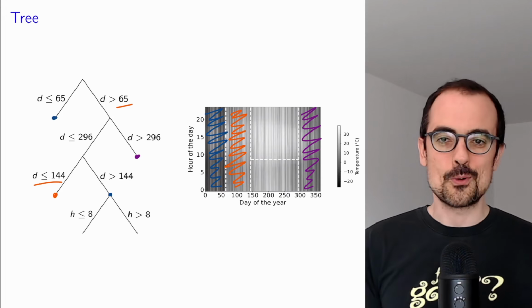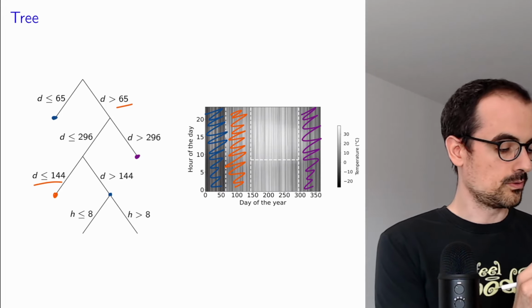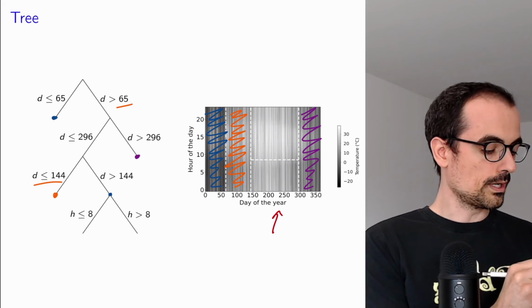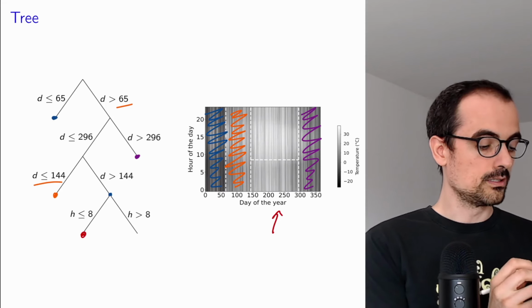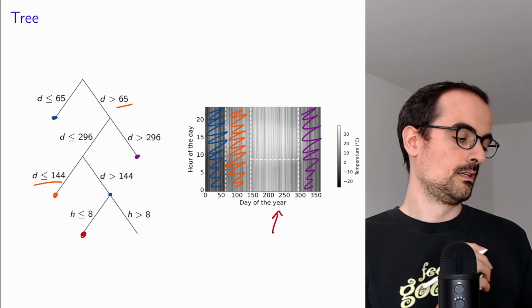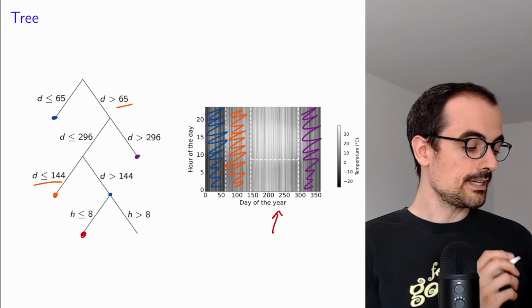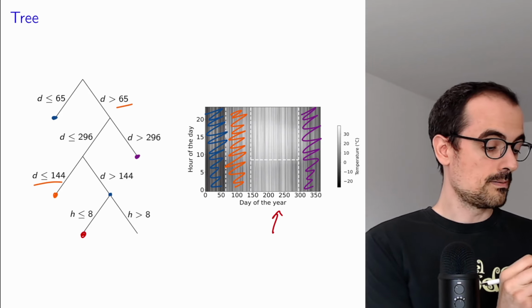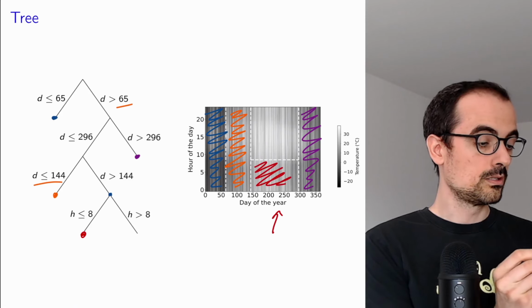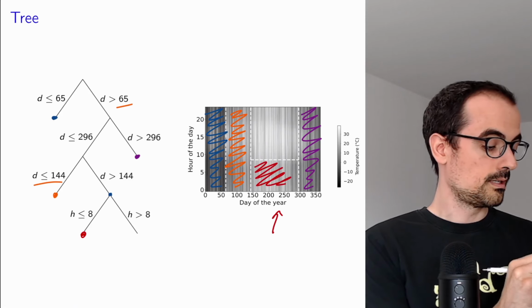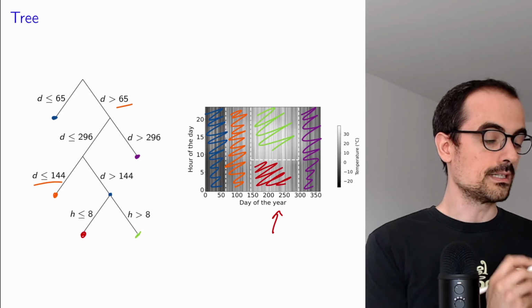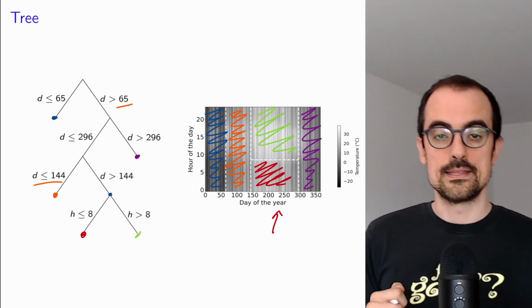Now it gets more complicated. We're just left with those two regions. One corresponds to when the day is between 144 and 296, and the hour is below 8 or above 8. Okay, and this is the partition that is induced by this tree.